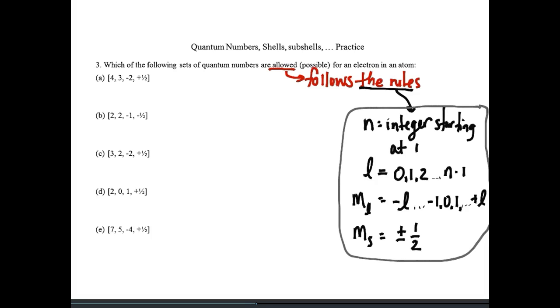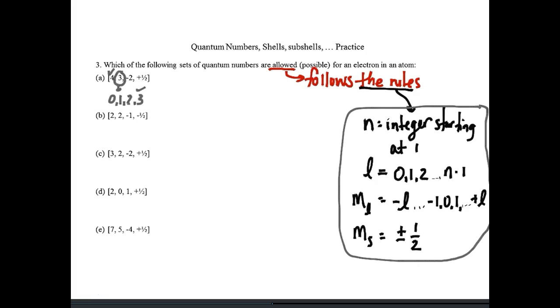So for part A, let's look at number 4. Does 4 fit the rules? Yes. Does 3 fit the rules? Well, 3 depends on 4, and that's okay, because if N is 4, that means L can be 0, 1, 2, or 3. 3 is N minus 1, right?